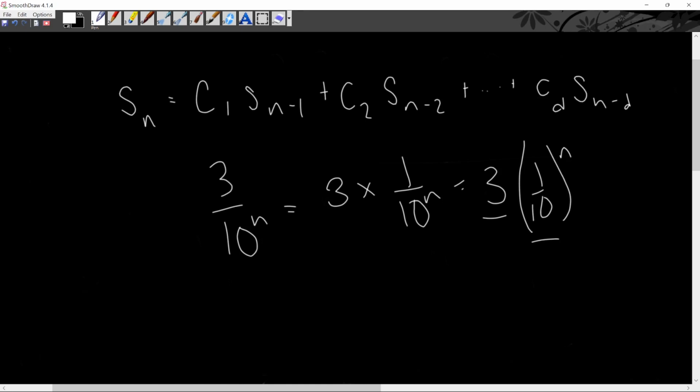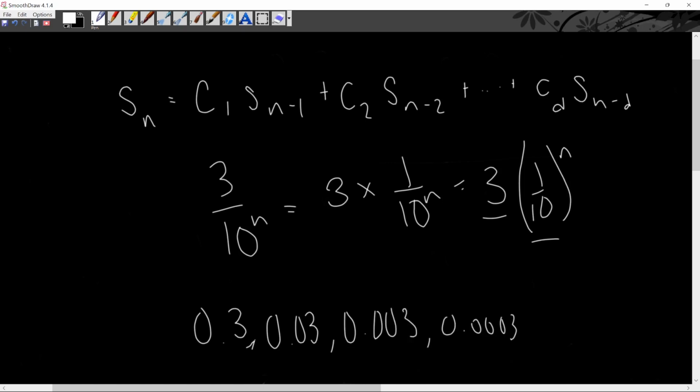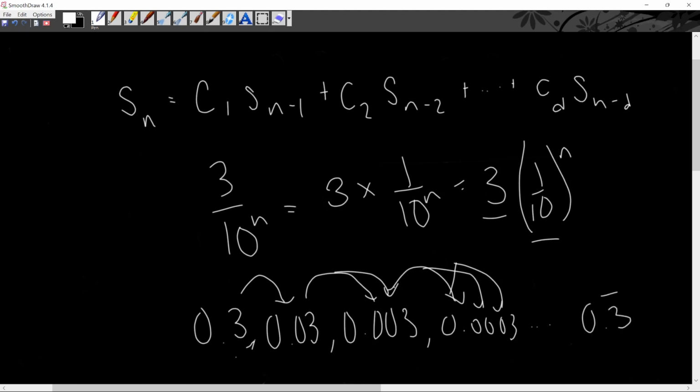But if you plug in 1, you have 0.3, right? Because 3 over 10 to the 1 is 0.3. And 10 to the 2, or 3 over 100, is 0.03. And then 0.003, and then 0.0003, and on and on. But as you can see, you add this 3 to that 0, this 3 to these 2 zeros, and then this to those 3 zeros, and you might be able to see that this is actually 0.3 recurring.